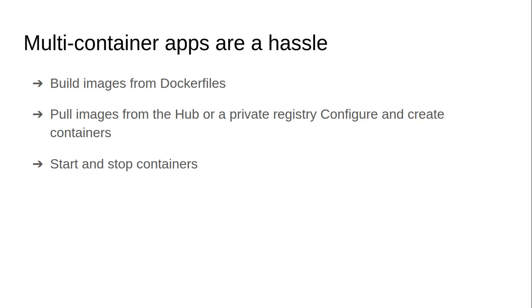Again, there is no way with the docker build command to build multiple images. If you want to pull multiple images from Docker Hub, that is not feasible. Starting and stopping multiple containers is also not feasible with everything we have seen till now.